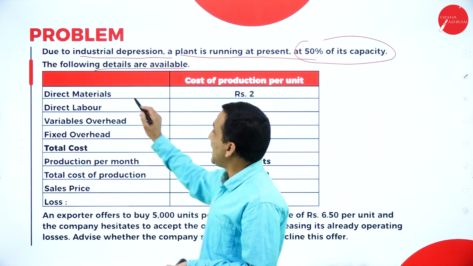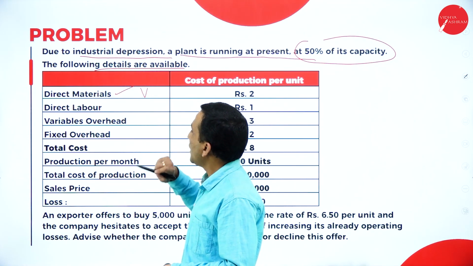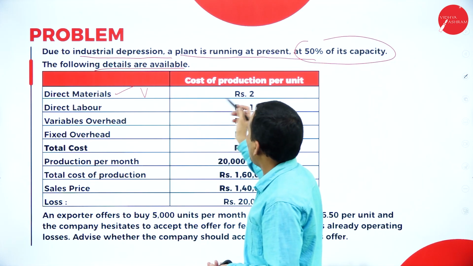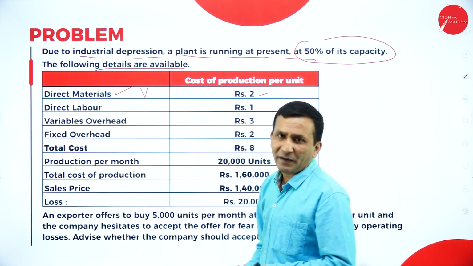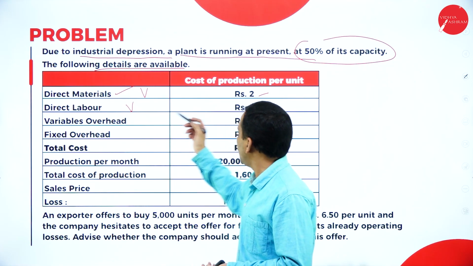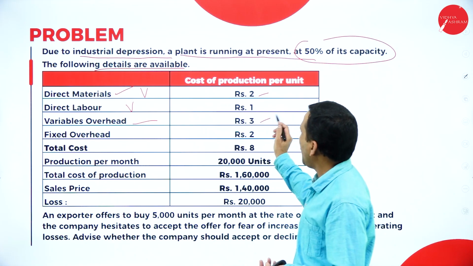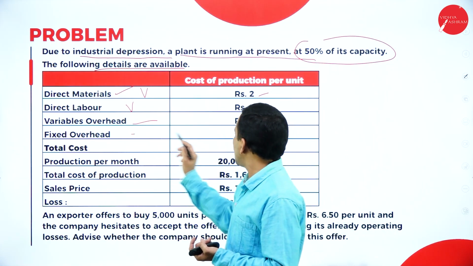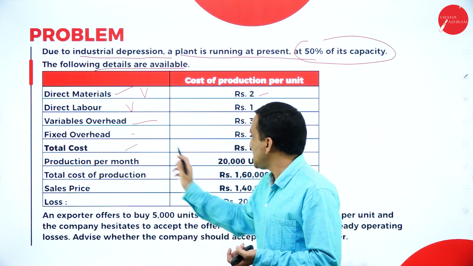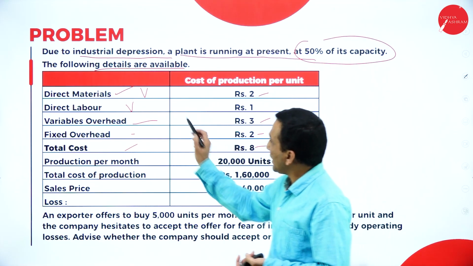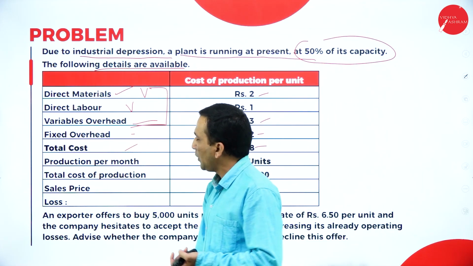First, direct materials, variable, and direct labor cost: direct materials cost is 2 rupees, direct labor cost is 1 rupee, variable overheads 3 rupees, fixed overheads 2 rupees, total cost 8 rupees. We will consider only the variable overheads.